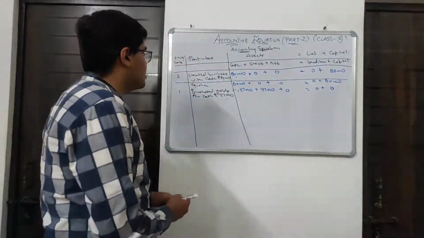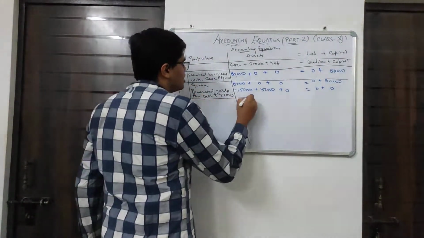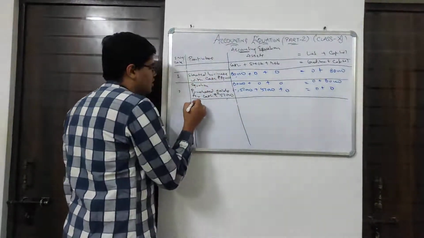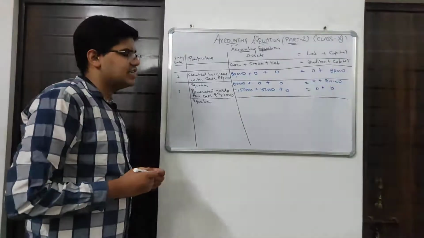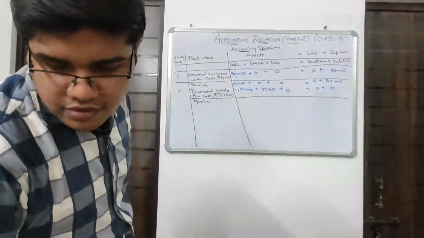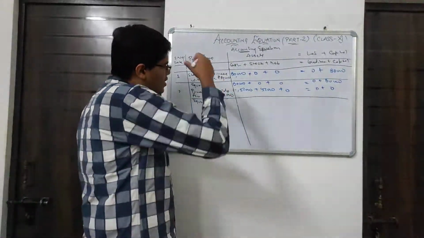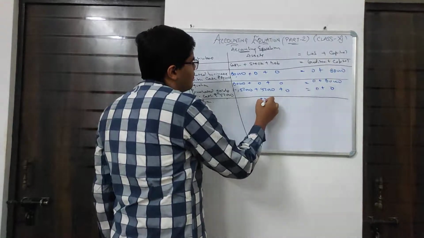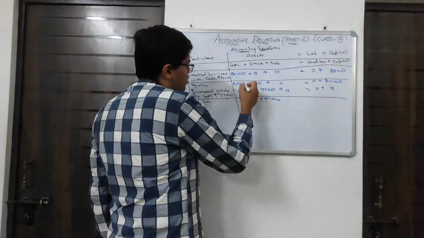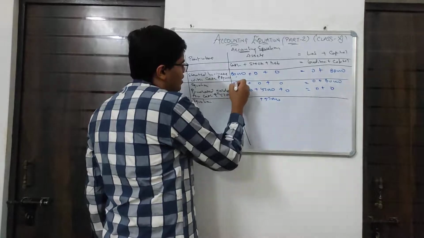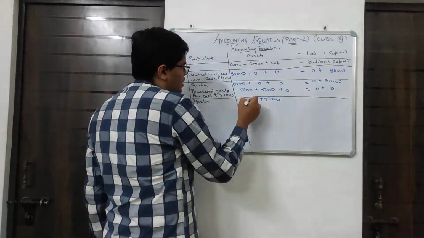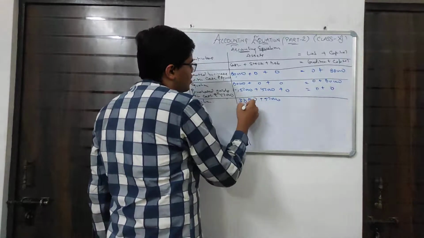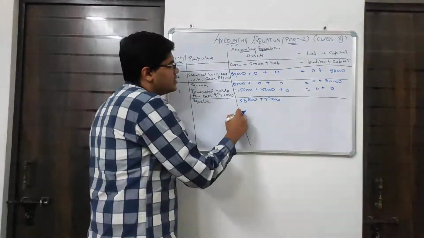Now again you can frame the equation and you can do the total. That is 80 minus 52,000, 10 to 8 and 38,000. So here the equation gets balanced.